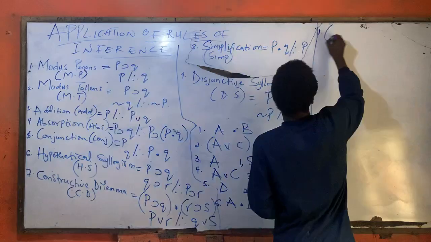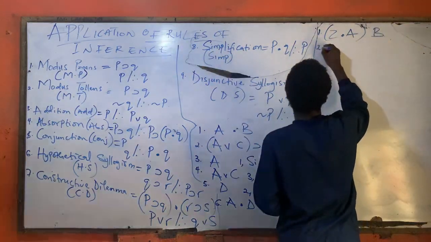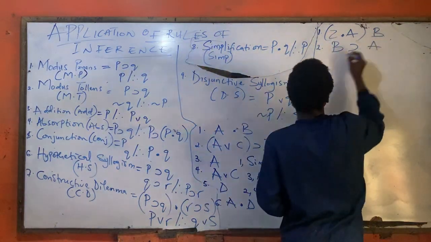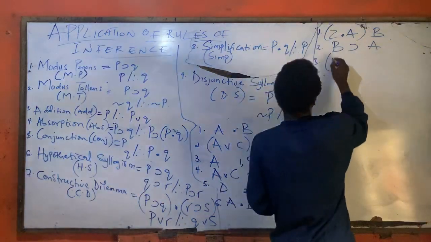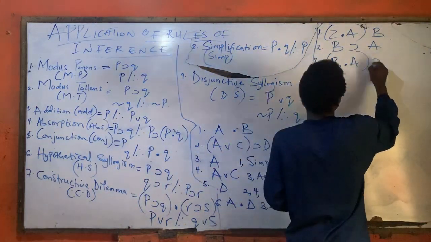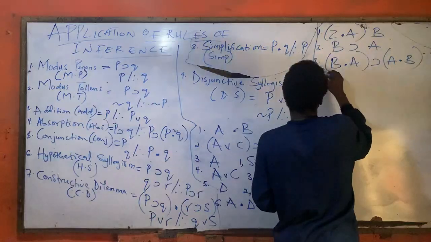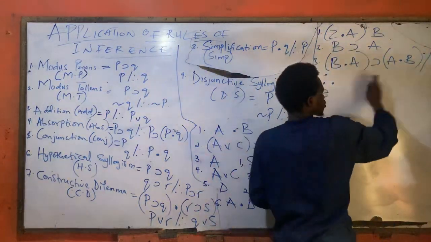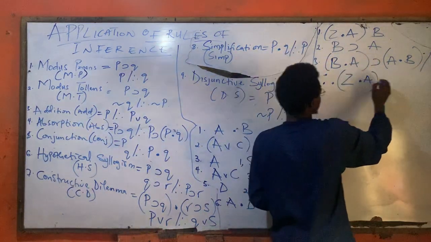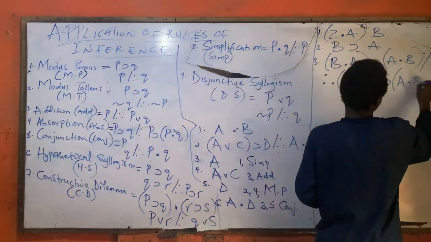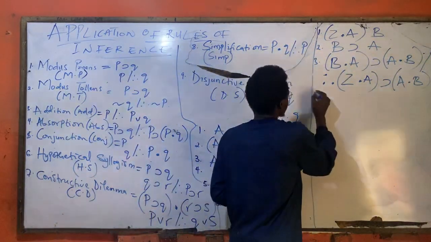Z and A implies B. B implies A. B and A implies A and B. Therefore, actually, because I cannot continue, we have Z and A implies A and B. Okay, so let's go.